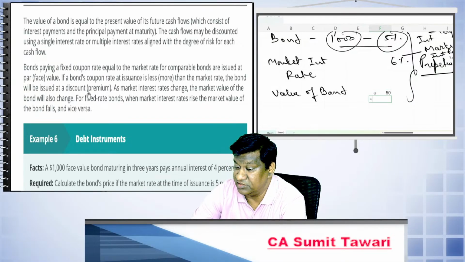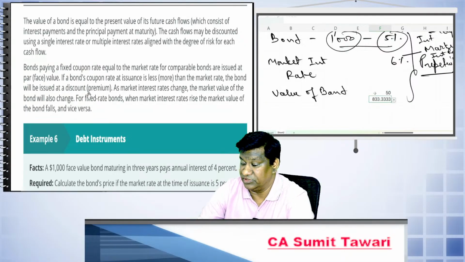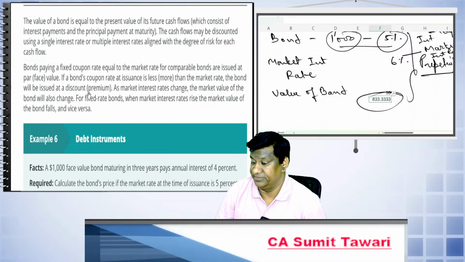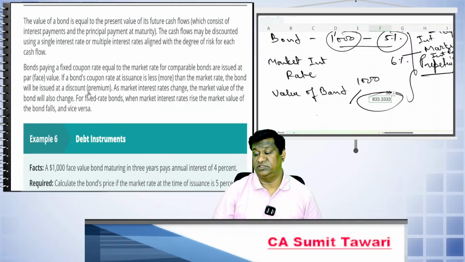What is my market interest rate? 6%. So value of the bond is 833.33. Okay, even though the face value is 1000, the investor is going to invest only if we can sell at 833.33.